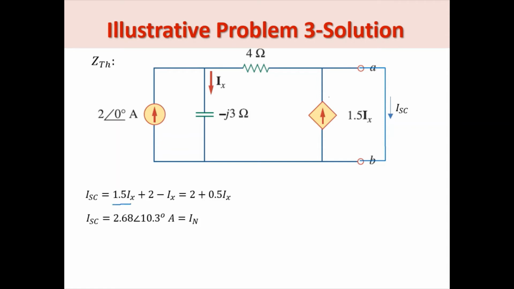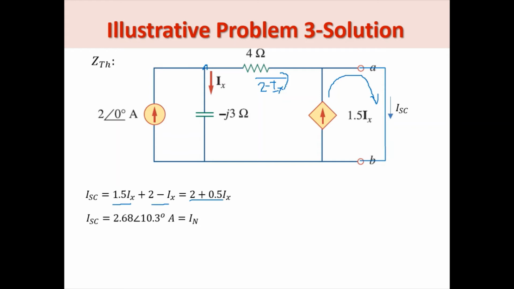This current will simply flow in the short circuit, plus the current that is in here, which is 2 minus IX. If we apply KCL here, we get 2 minus I sub X flowing through the 4 ohms. So we get this result.